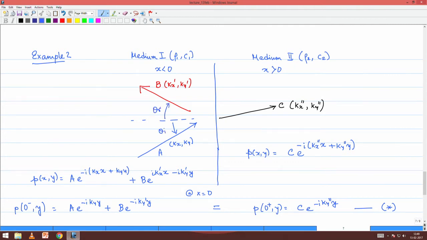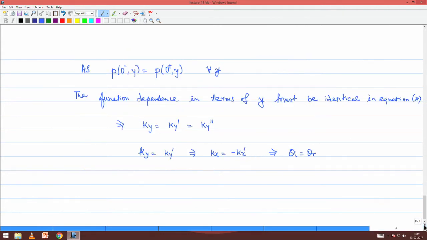So, you will have k x prime flipped in sign with respect to k x, it will be of the opposite sign, but then k x double prime will be slightly different. Please note that k x is going to be the square root of omega square by c square minus k y square.